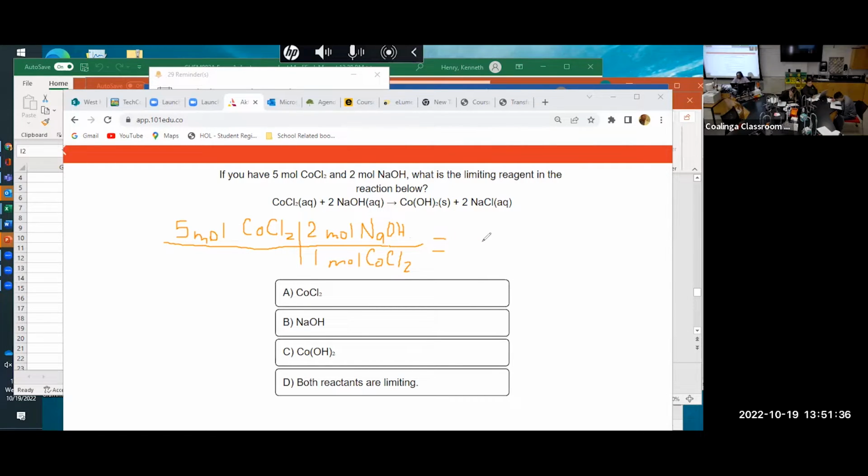So if we start off with the cobalt chloride, we will need 10 moles of NaOH. How many do we actually have?